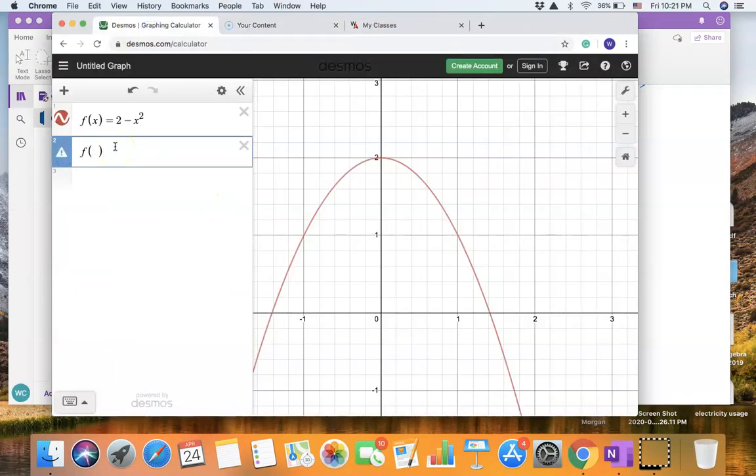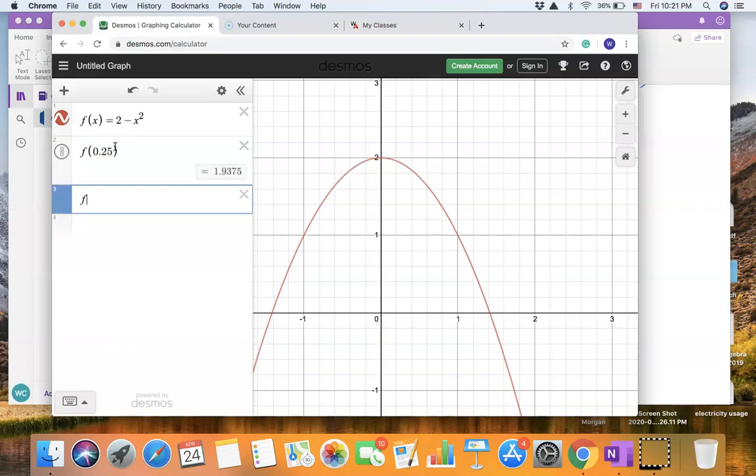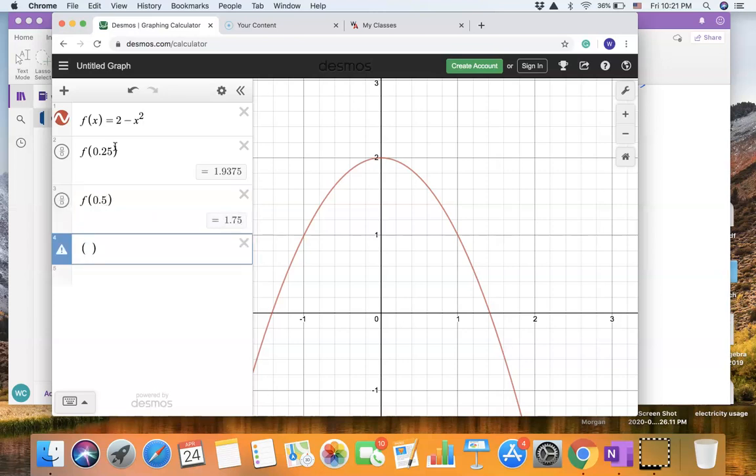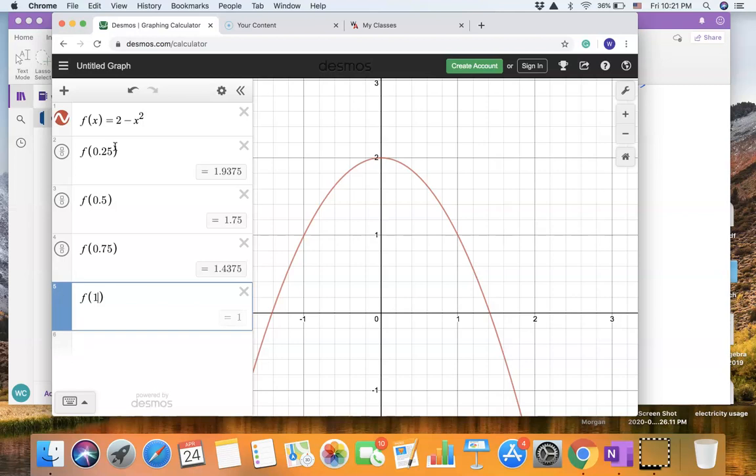So f of 0.25, f of 0.5, f of 0.75, and f of 1.